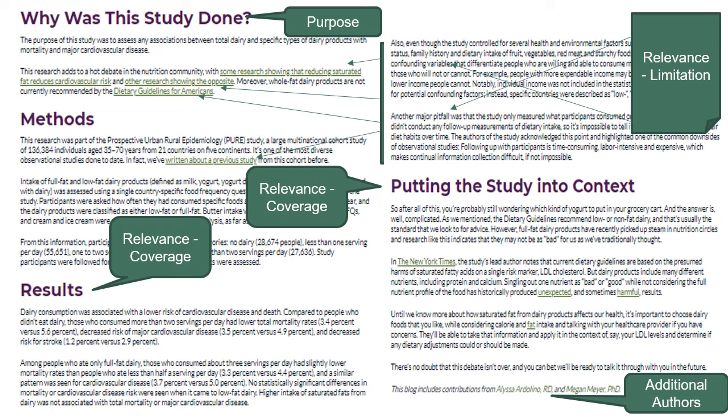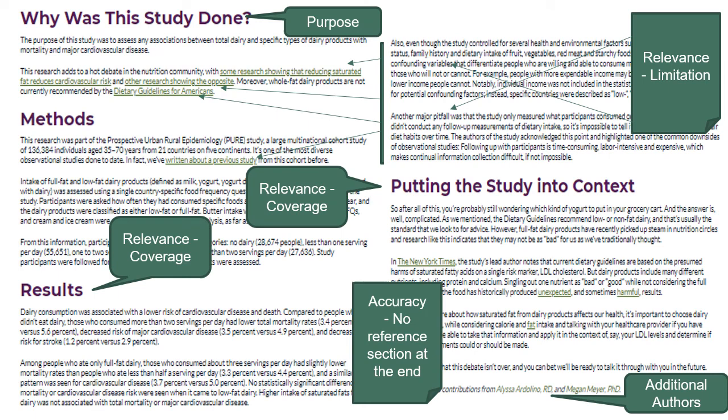Those are the additional authors, and I believe by knowing the educational background, PhD, they are capable of talking about this issue. Well, here we find another flaw of this article: we cannot find any reference section at the end. So for accuracy, it is less accurate when we cannot find the reference section.